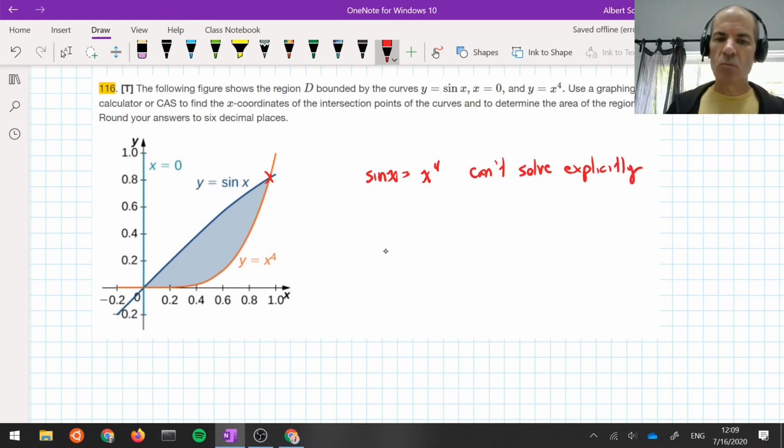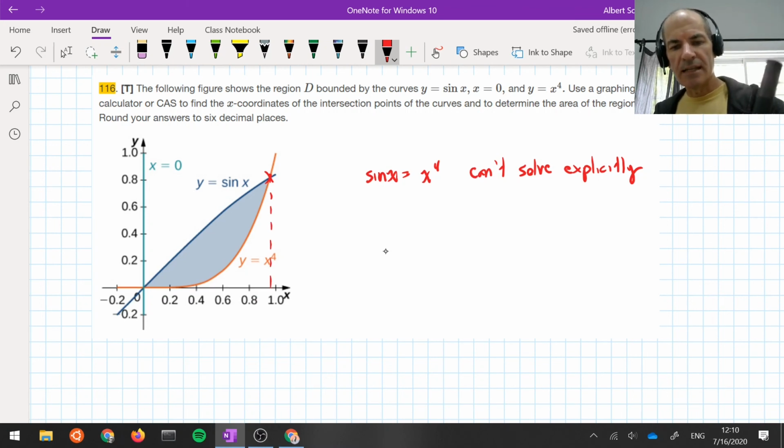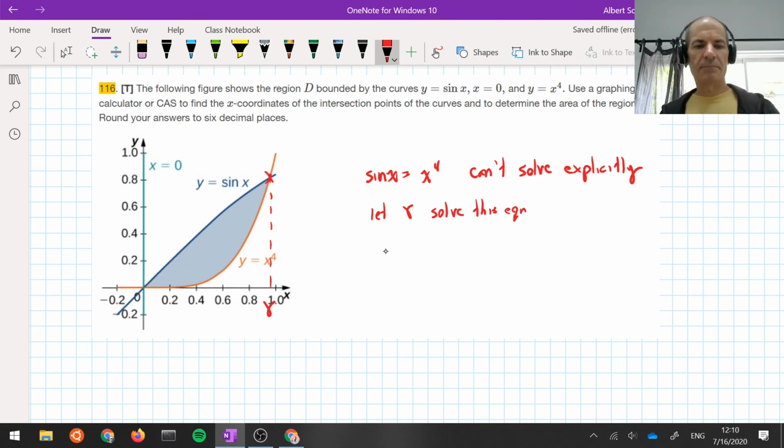We're going to need it as one of our limits of integration. So for now, let gamma solve this equation. We'll call this gamma right here. Then we'll do the whole problem in terms of gamma, and at the end we'll figure out what gamma is and get an explicit result.